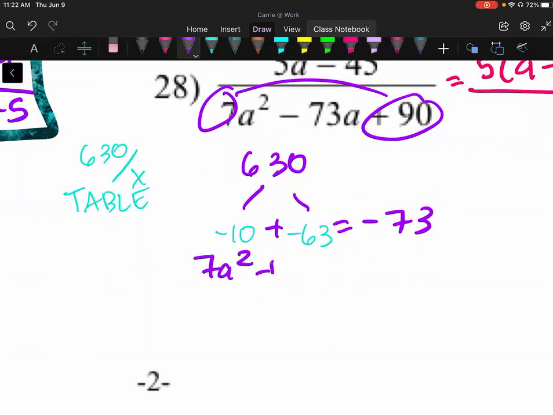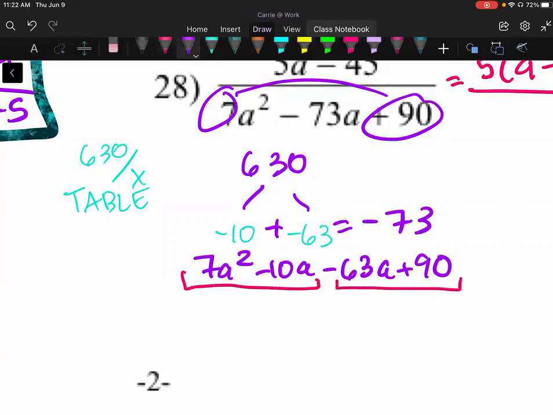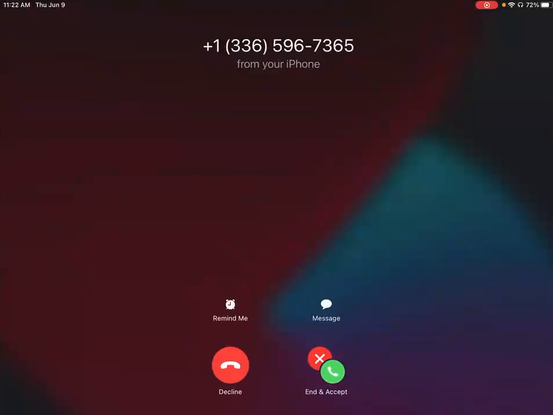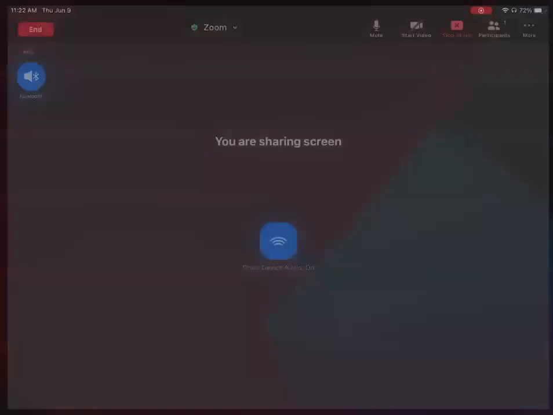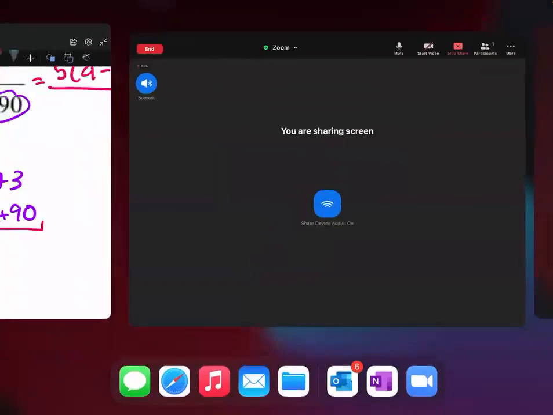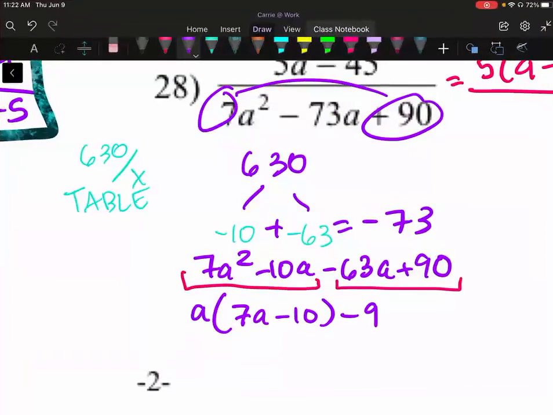7a squared minus 10a minus 63a plus 90 and factor by grouping. All right, we're just going to be able to take out an a, bring down the sign. These are both divisible by 9. Okay, take out a 9.